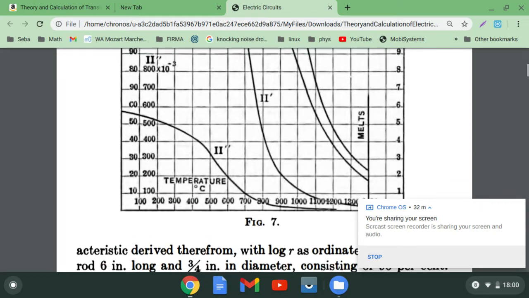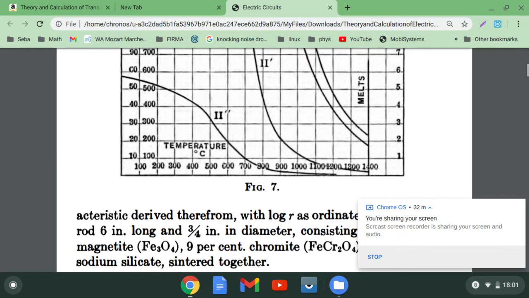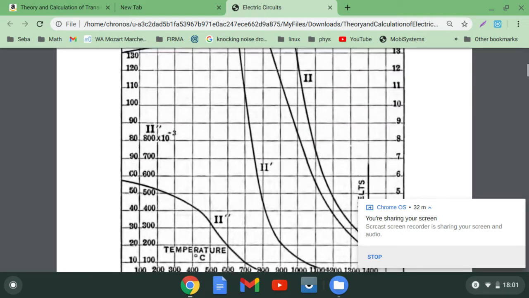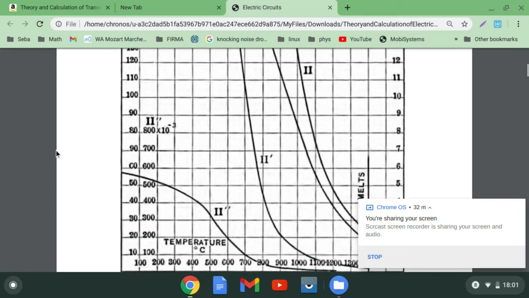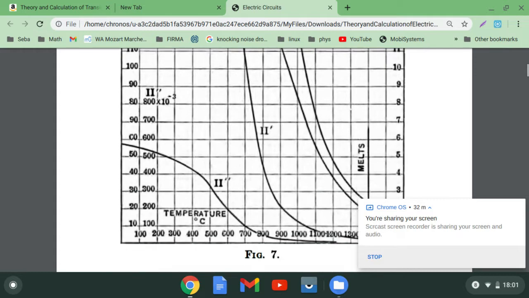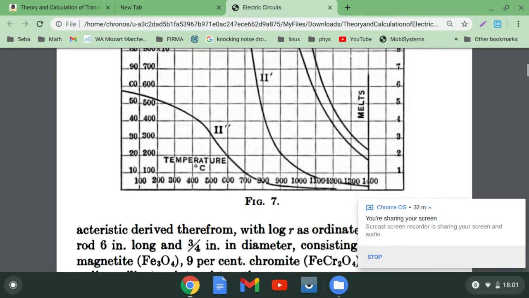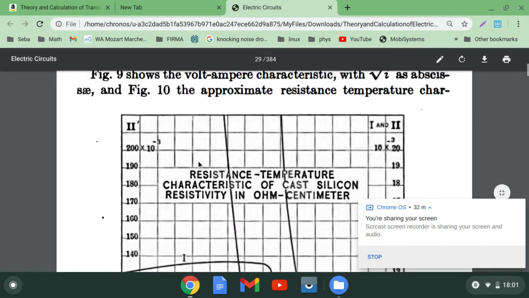So we have temperature on the left. No, we don't have temperature on the left. What is it? Okay, this is to be determined.